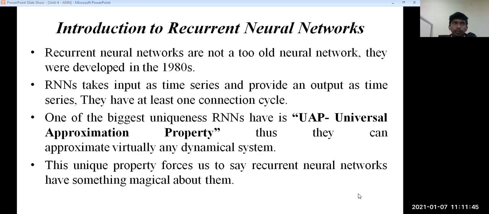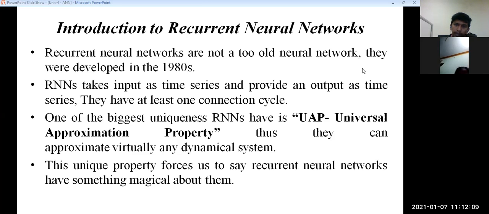One of the biggest uniqueness or advantages of RNNs is the universal approximation property, which means it can approximate virtually any dynamical system. It's not only one system; it approximates a number of things. This unique property forces us to say recurrent neural networks have something magical about them.